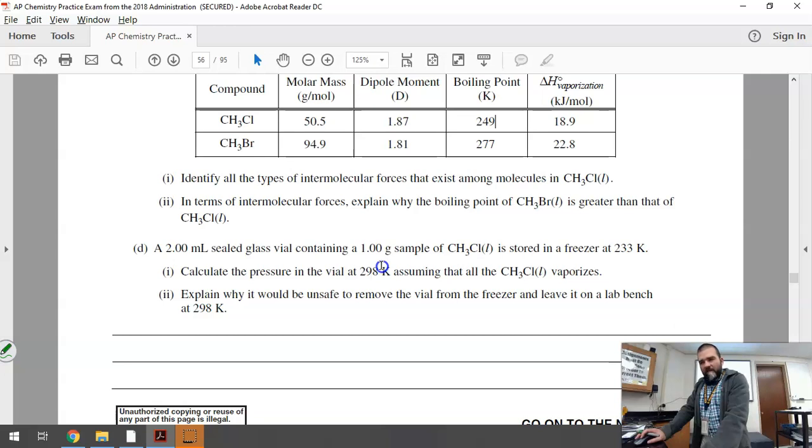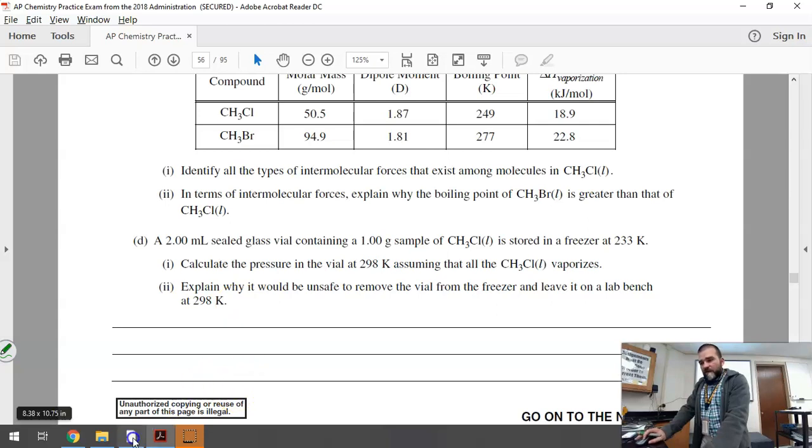Okay, we have temperature, we have volume, we have mass. This is the ideal gas law. This is PV equals nRT. We are going to solve for the moles using our mass here of the CH3Cl. We'll use that as n, plug in T, plug in V, and solve for P.